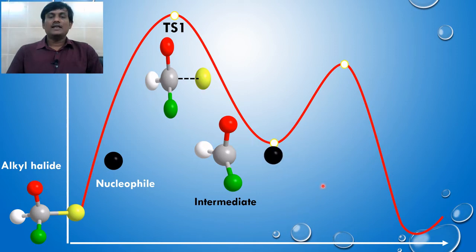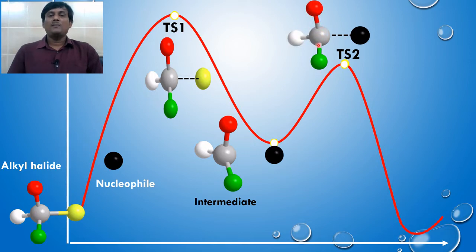When the nucleophile attacks from the front side, there is an increase in energy. Again, there is an increase in energy. Then there is a formation of the second transition state. The structure of the second transition state will have three real bonds and one partial bond between the nucleophile and reaction center.